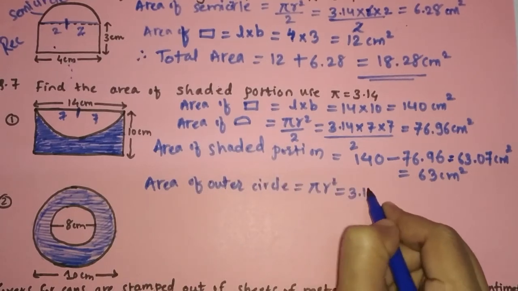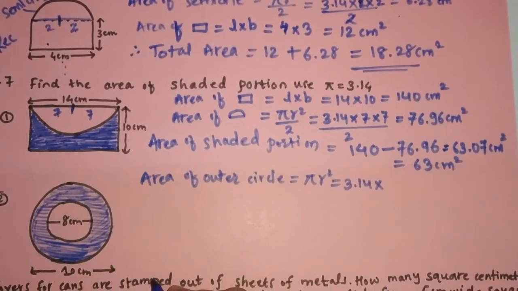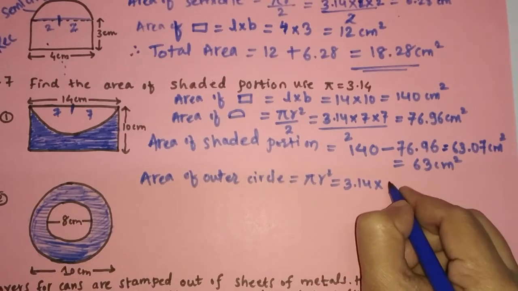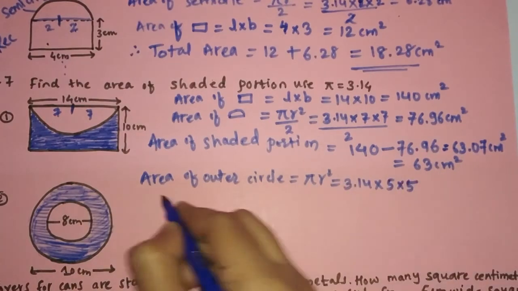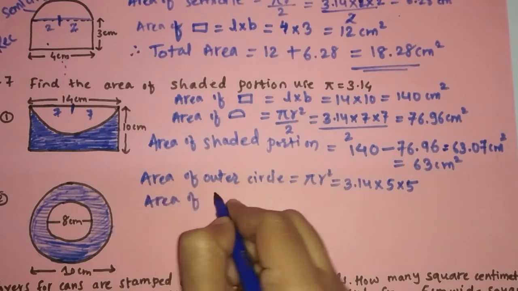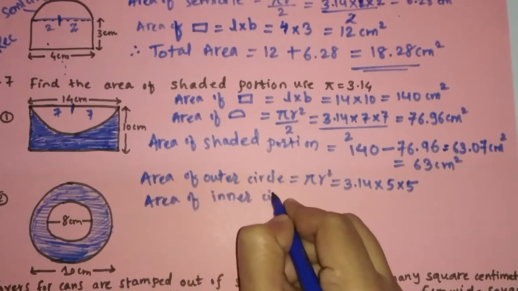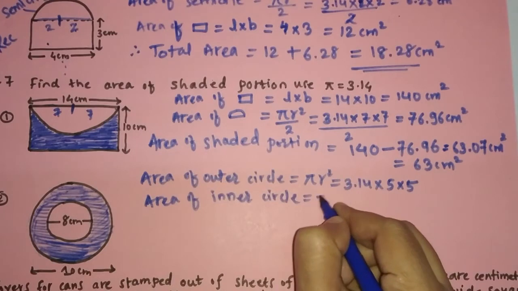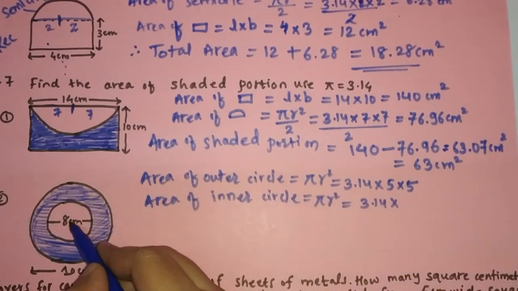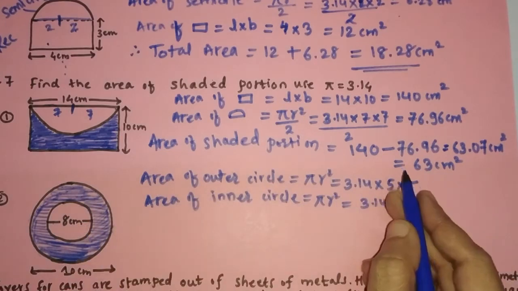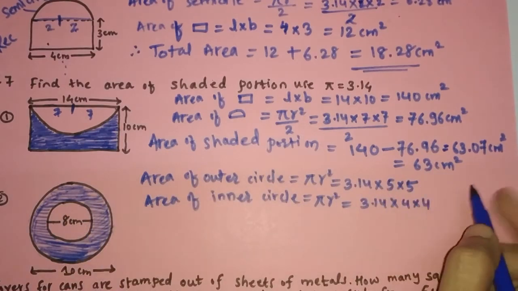Pi is 3.14, and if you see, the outer circle diameter is 10. Half of this 10 we'll get 5. So 5 into 5. And the area of the inner circle is again pi r square. So 3.14 into, the inner circle is total 8 diameter. If we do half of the diameter, we'll get 4 into 4.